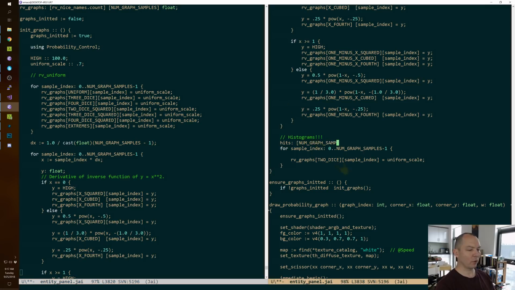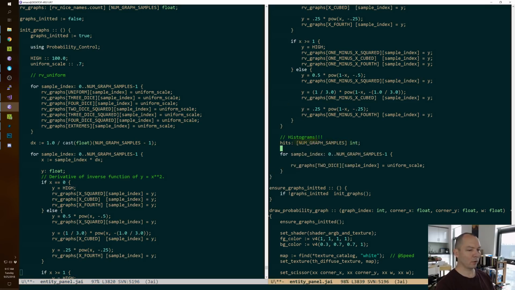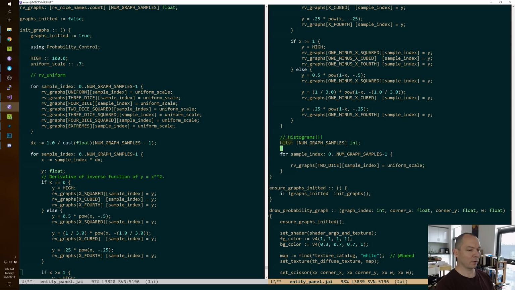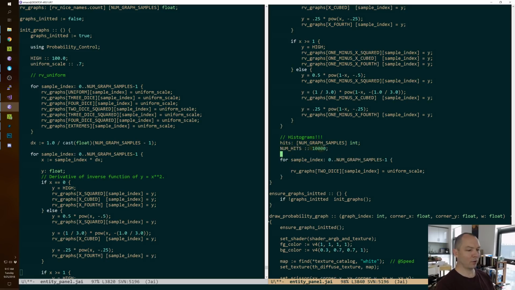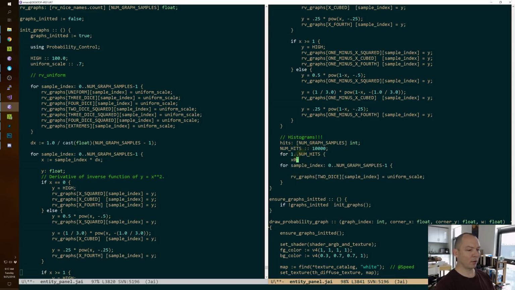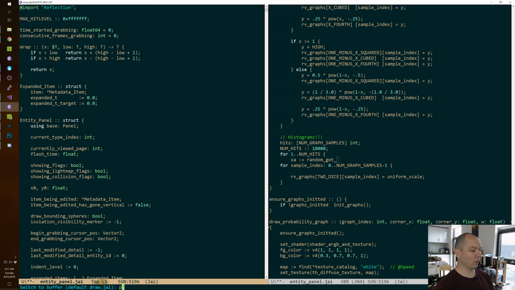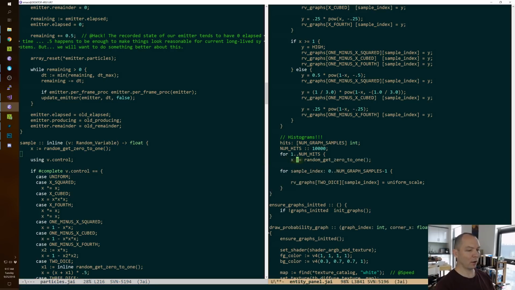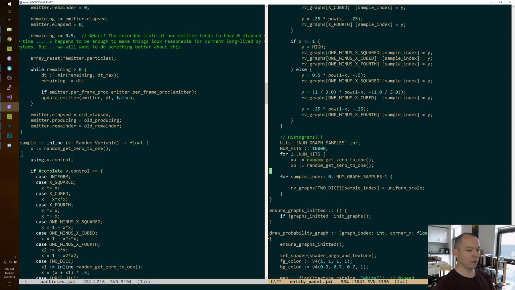Num graph samples int, right? And then we're going to say 10,000. We're going to say for 1 to num hits, let's say xa is random get, is it 0 to 1? Yeah. I'm going to say xa is that, and xb.